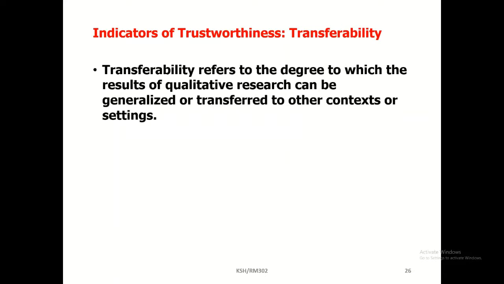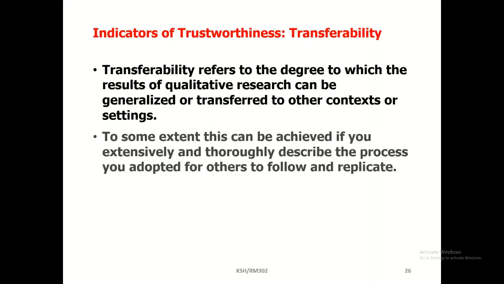This is the second indicator of trustworthiness. Transferability is defined as the degree to which the results of qualitative research can be generalized or transferred to other contexts or settings. For example, after a practice has been thoroughly explored in one institution, if the findings can be applied in a similar institution, that is transferability.